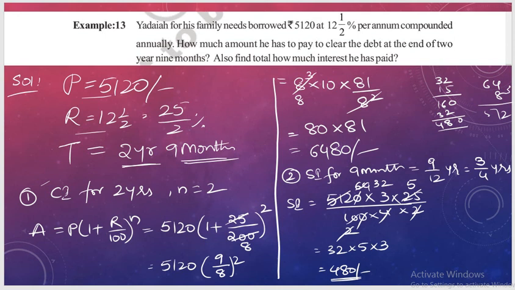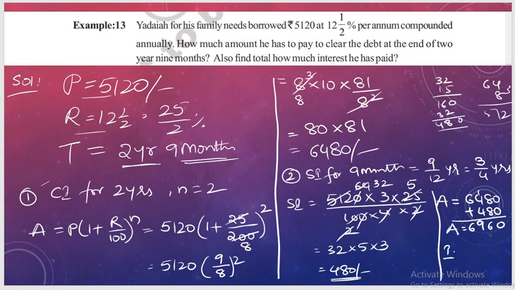Now overall amount is given by 6480 plus this 480 rupees. What am I going to get? 0 plus 8 is 8, 4 plus 4 is 8, 8 plus 1 is 9. So overall amount is 6960.